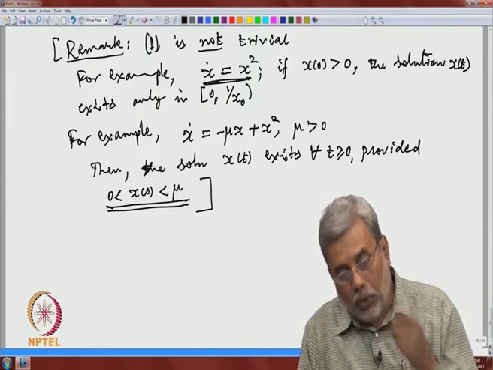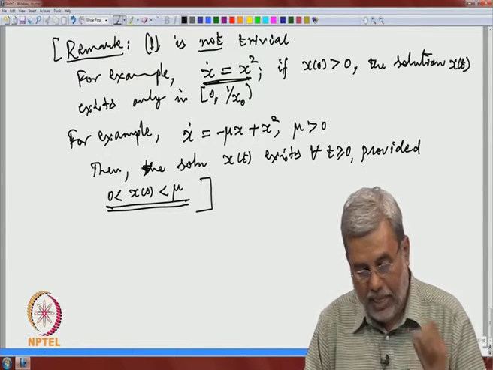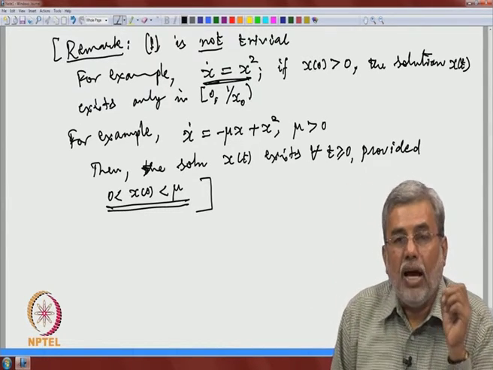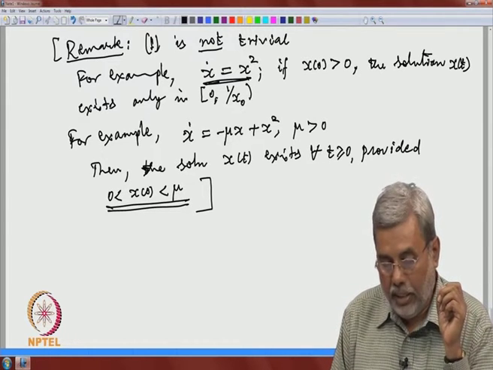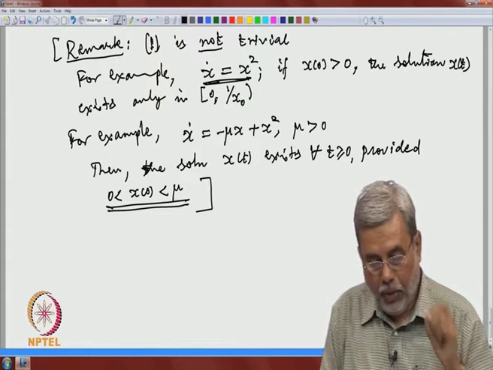Now we want to exploit the hypothesis on A, namely that the eigenvalues of A all have negative real part, in order to show that the solution exists for all time.